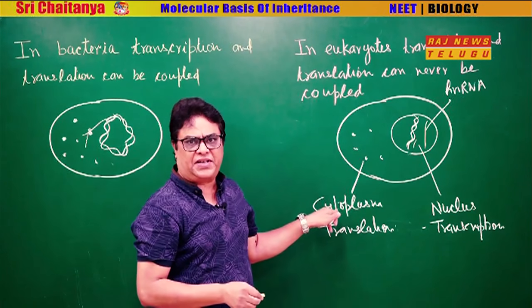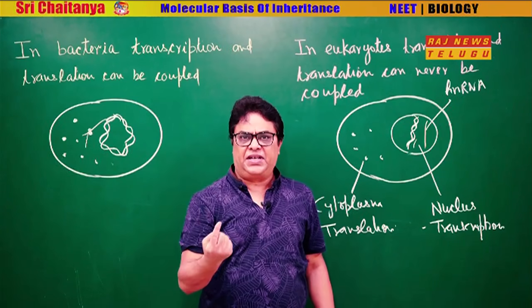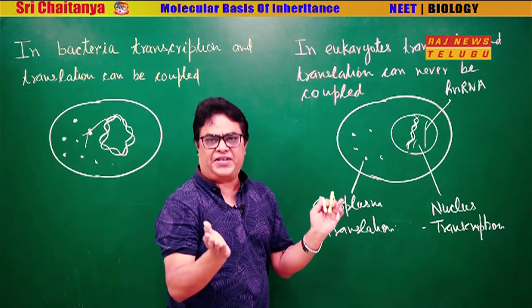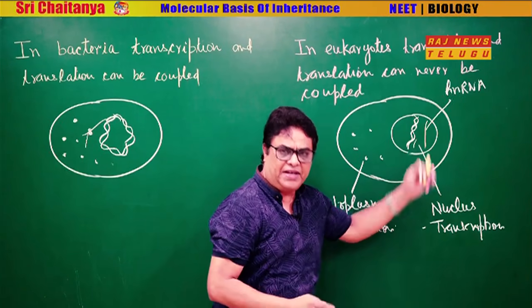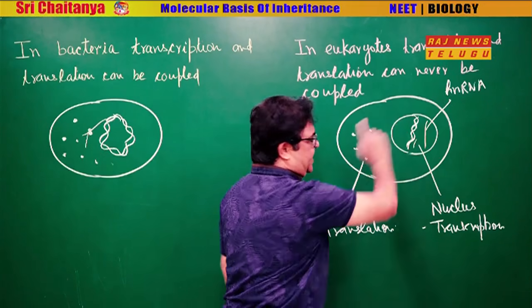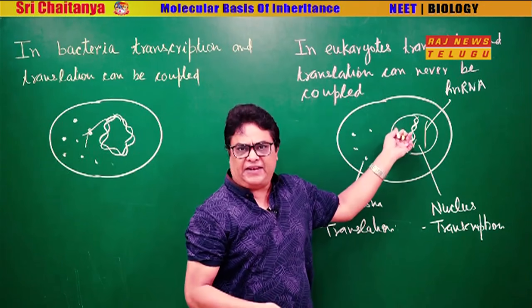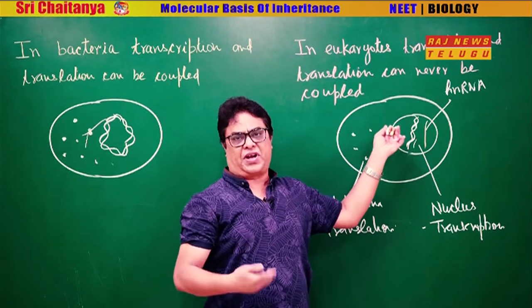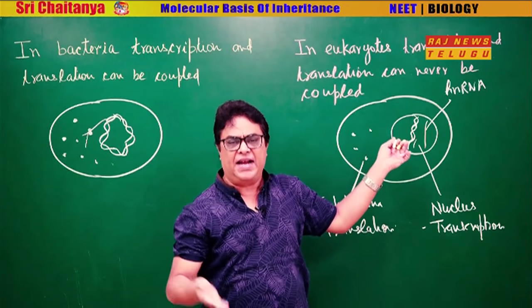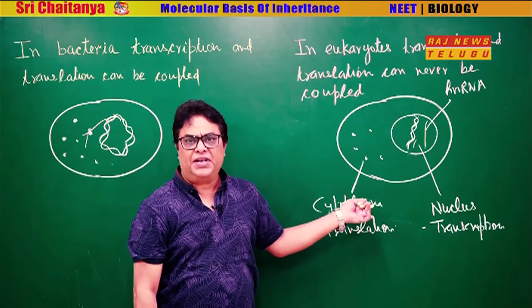nuclear pore for translation. So, due to these two additional complications, first, that the site of transcription and site of translation are in different chambers separated by a nuclear membrane, and second, the primary product of transcription is not directly mRNA but hnRNA, which within the nucleus itself will undergo post-transcriptional processing to first get converted into mRNA, and then it will come out from the nucleus into the cytoplasm for translation.